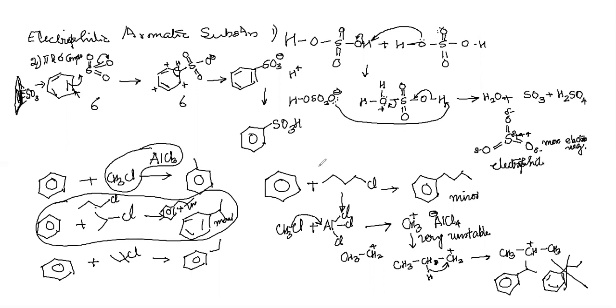Suppose instead of this I have one more carbon: 1, 2, 3, 4. This one, which we have already seen. Look at this one. It will form this carbocation, 1, 2, 3, 4 plus. Now we have a hydrogen here.